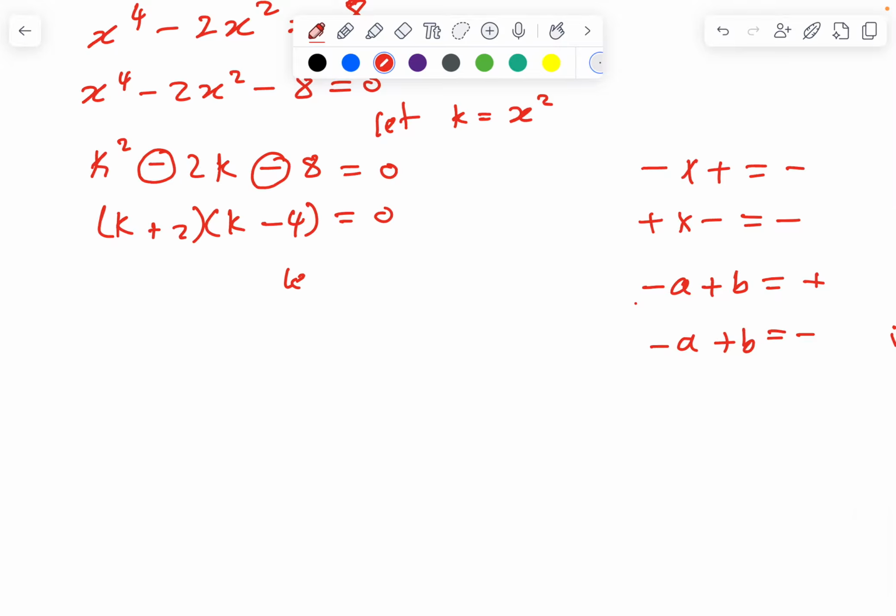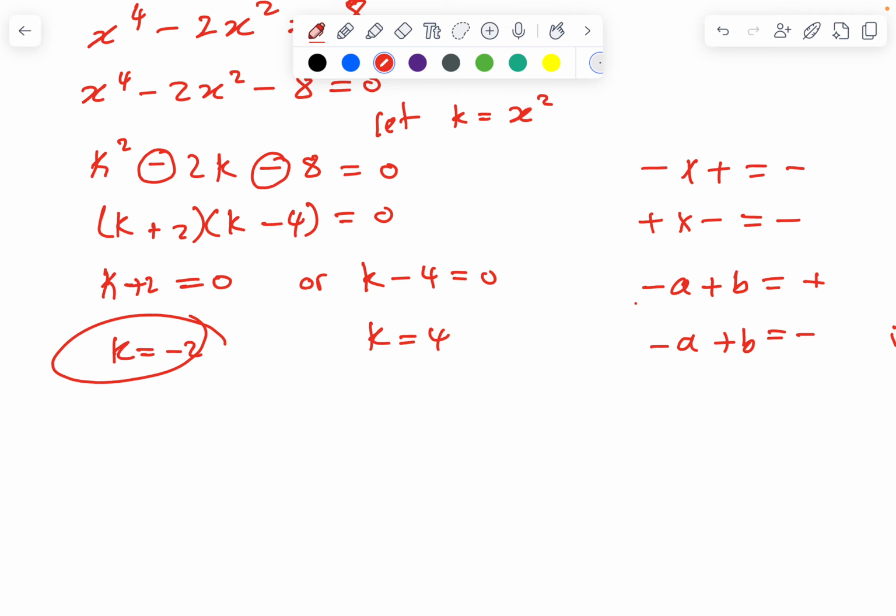And now we can do the following. k plus 2 equates to 0, or k minus 4 equates to 0. And now k equals negative 2, and then we have k equals 4.